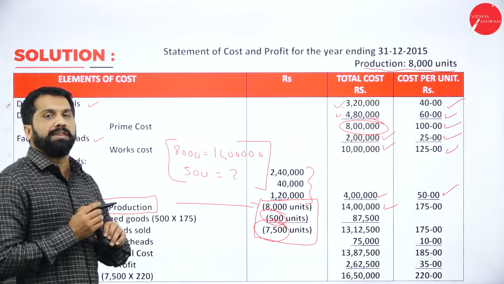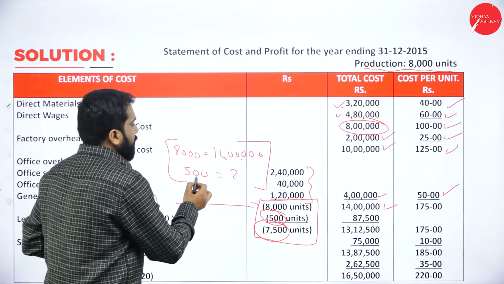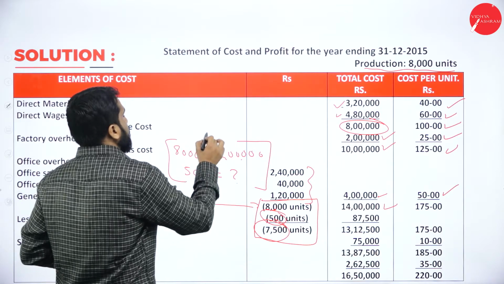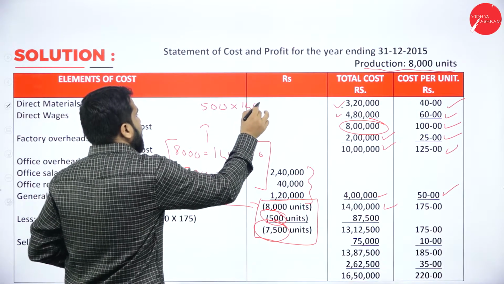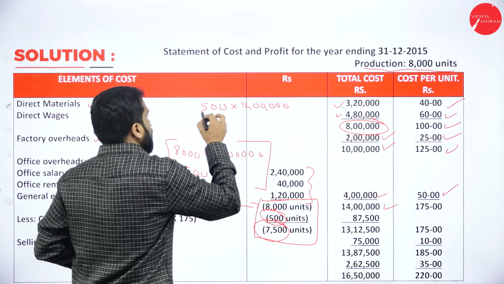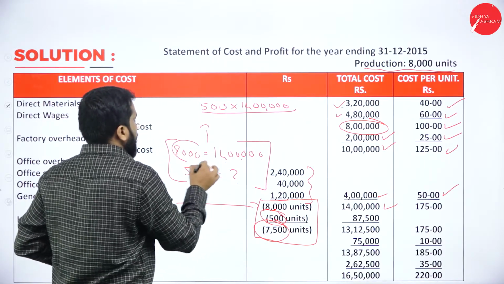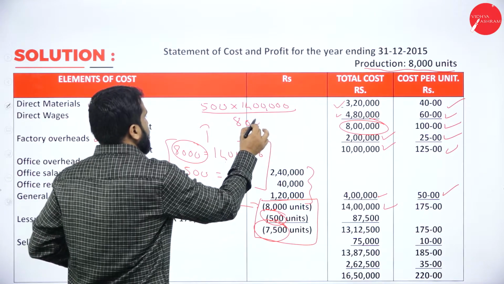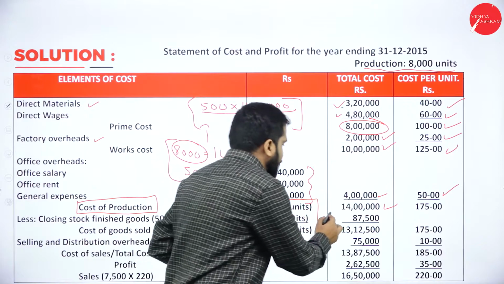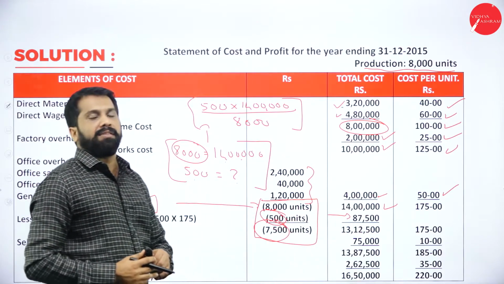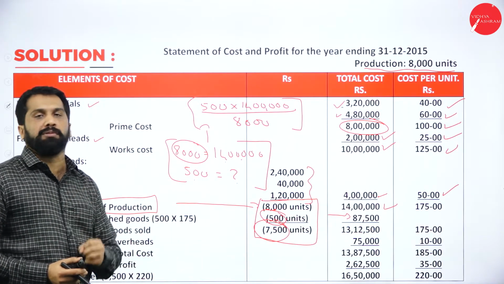How to do cross multiplication? Now, 500 into 14 lakh divided by your 8,000. If you do this calculation, you will get 87,500. Same thing we did in the last problem also.